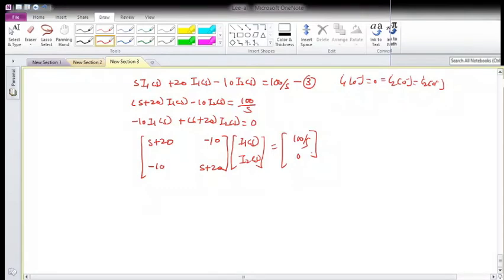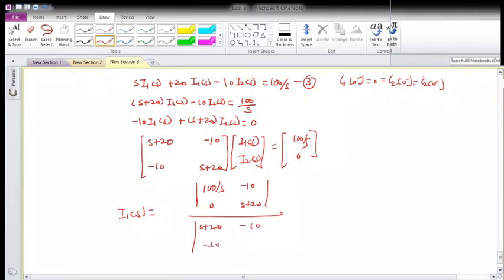In order to solve for I1(s), how can we do it? I1(s) is the determinant of [100/s, -10; 0, s + 20] divided by the determinant [s + 20, -10; -10, s + 20].